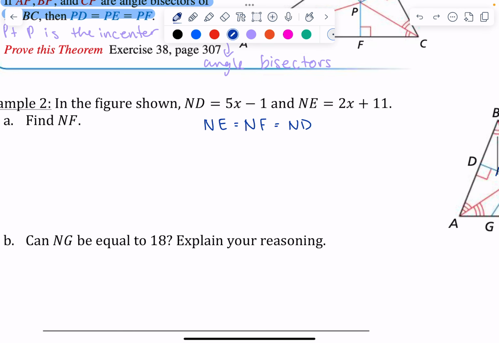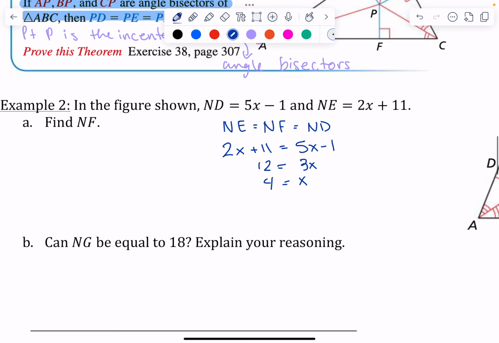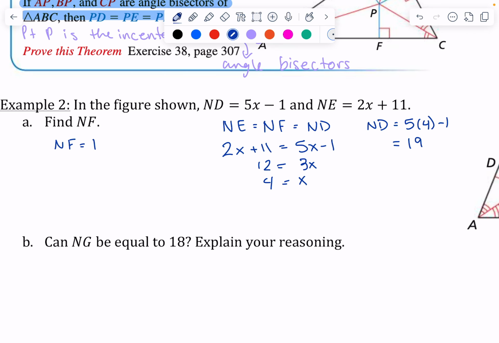Okay, if they're all equal, then I can just plug in. NE is 2x plus 11, ND is 5x minus 1, and I can solve this to find that x is 4. And then if I plug that into one of my expressions, I get that ND is 19 units, but if ND is 19 units, then NE is 19 units, and NF is 19 units. Okay, so that's all you have to do for that one.